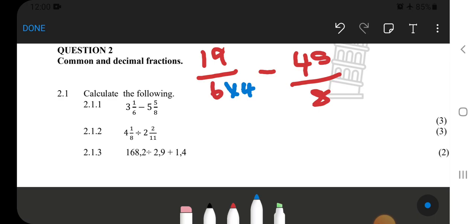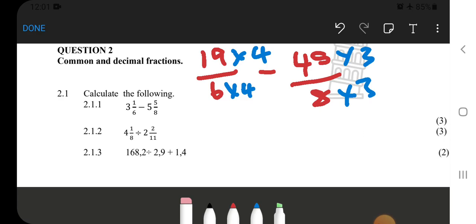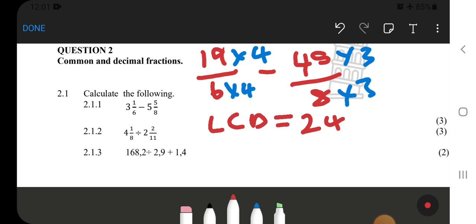That is going to give us 24. And when we multiply 8 by 4, this will give us 32. Even if we multiply it by 3, we will not get the same thing. So I will just multiply 8 by 3 and make it 24 as well. So we have 24 and 24. Which means up here you will multiply by 3 as well, and up here you will multiply by 4. Whatever you do at the bottom, you do at the top. So our lowest common denominator equals 24.